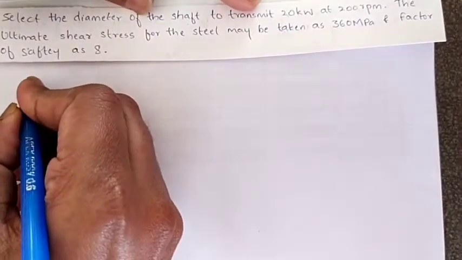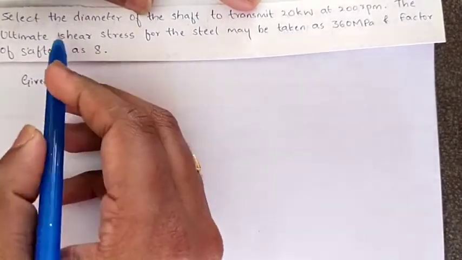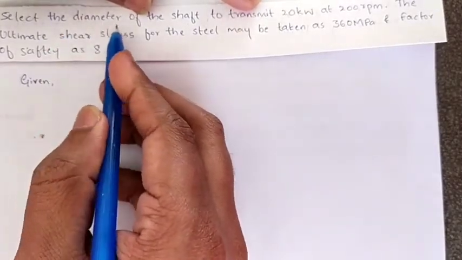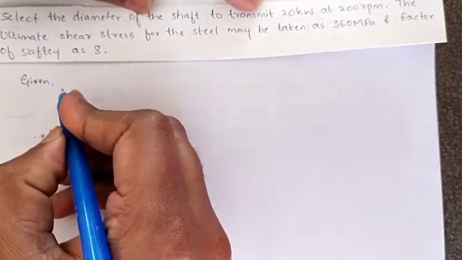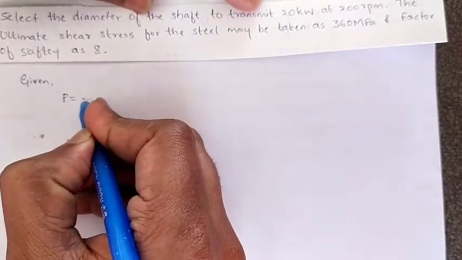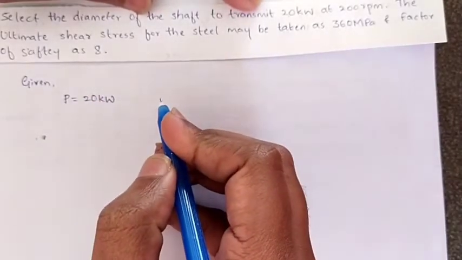First, we are asked to find the diameter to transmit 20 kilowatt, so power is given as 20 kilowatt at 200 rpm.